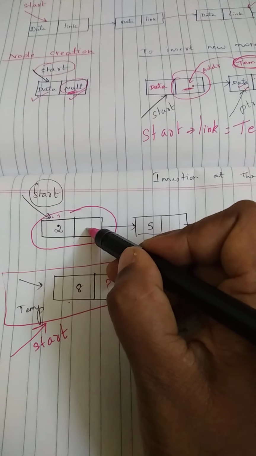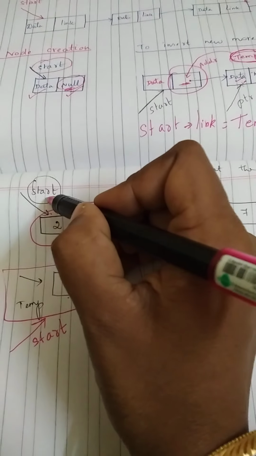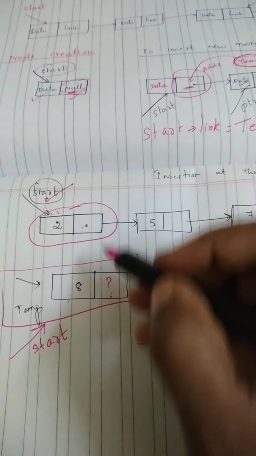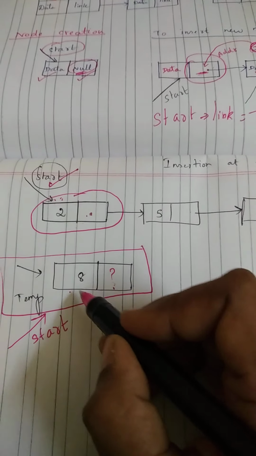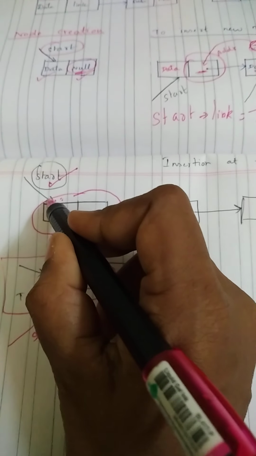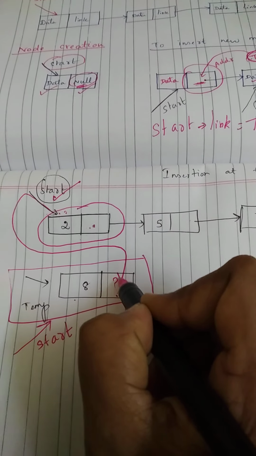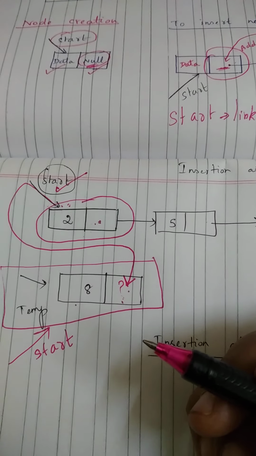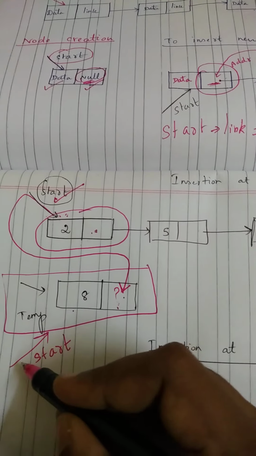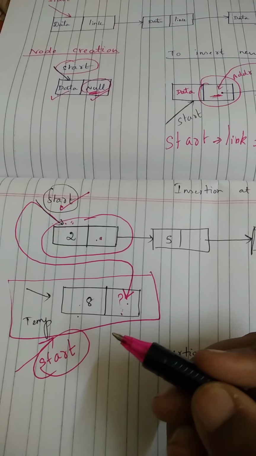So where is the address of this node? This node's address is present in the start pointer. So now what I am going to do is temp.link is equal to start. I am simply assigning this address value here, and this is the beginning node, so that this node's address is kept in the start node.